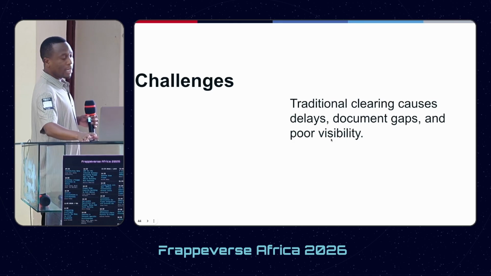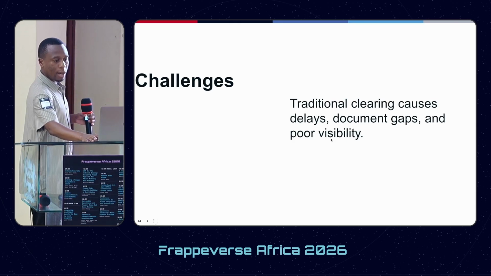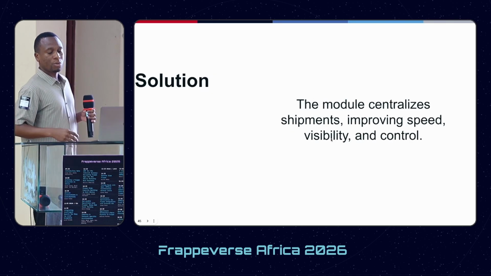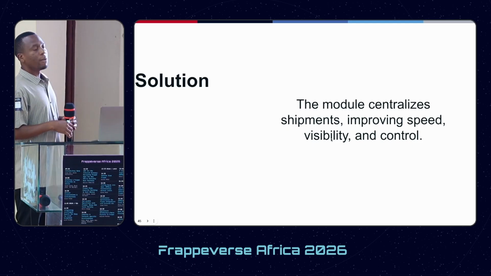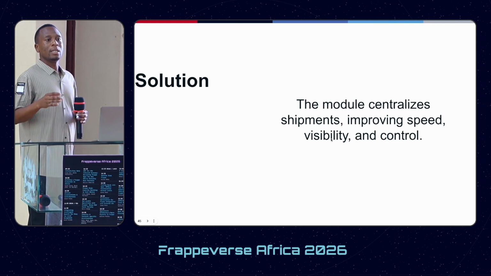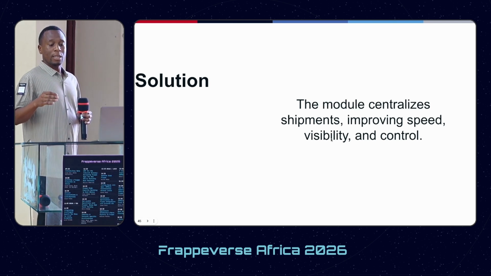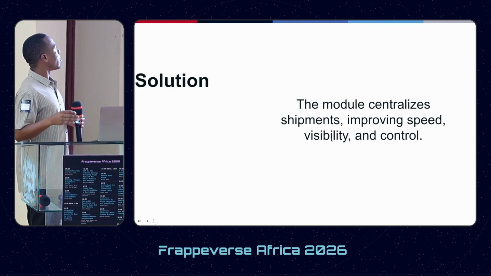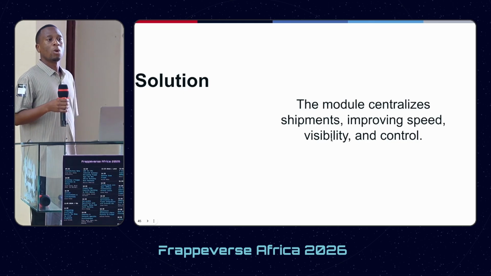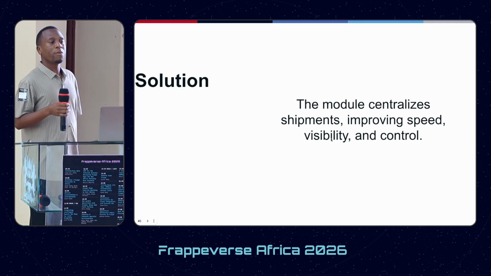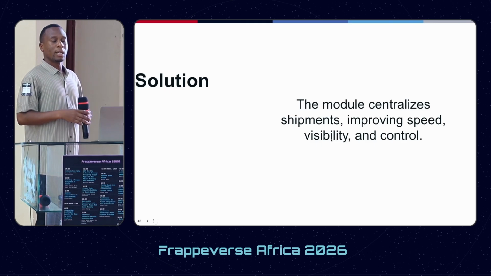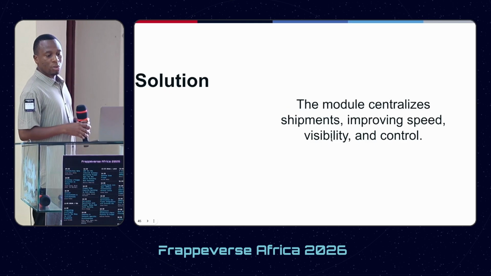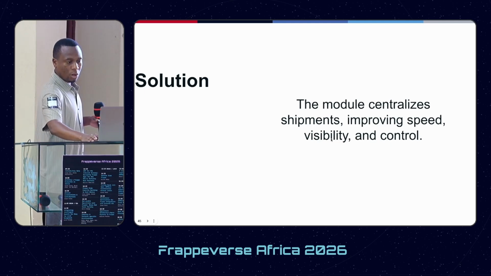So what does our clearing and forwarding try to solve? In our app, first, the module is centralized, so that all the confirmation of the charges is well placed, and the data is well visible, and you can manage and control it.